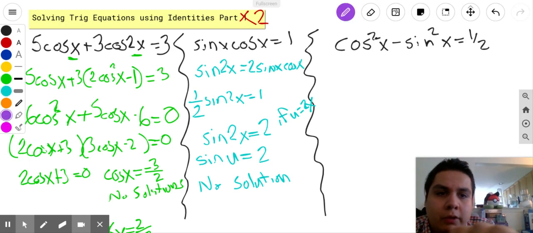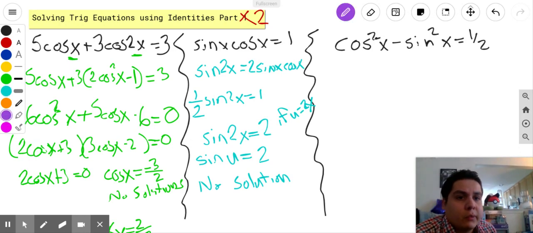We could also look at the third one where we see cosine squared minus sine squared is equal to 1/2. Now that one should be very easy to look at because I know cosine squared minus sine squared is what cosine of 2x equals.